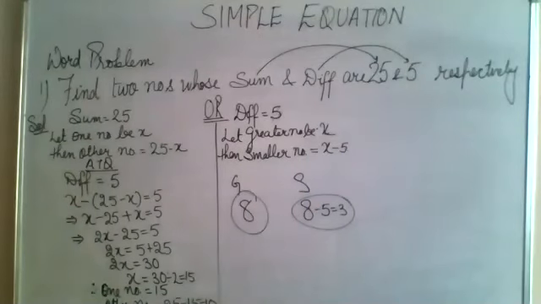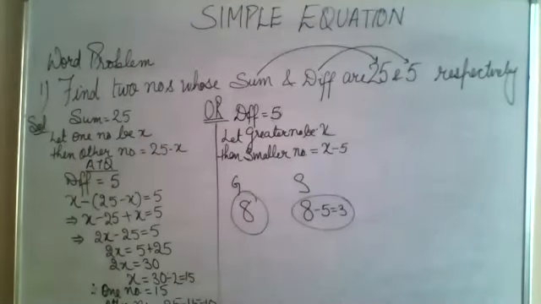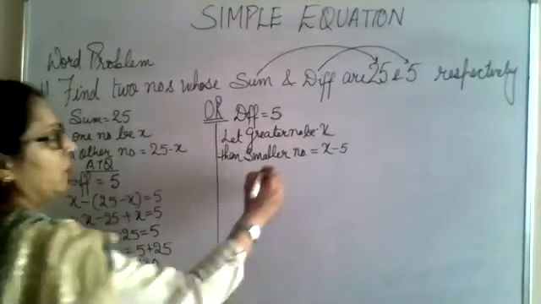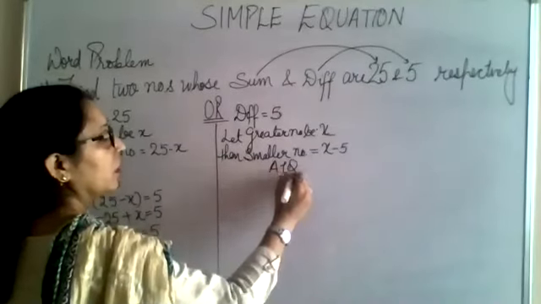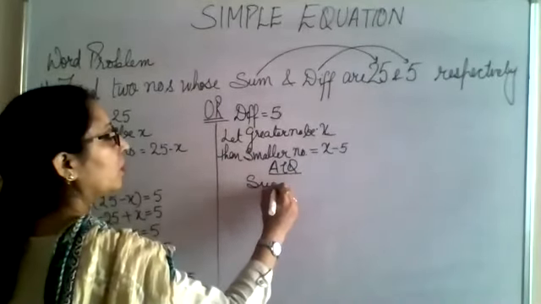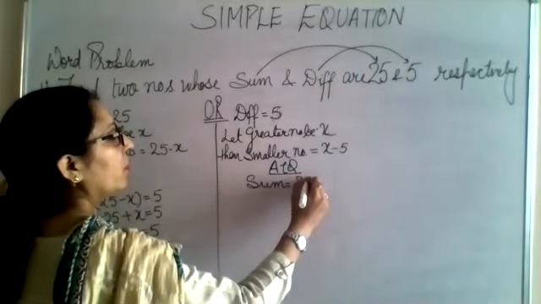Now, according to the question, as we have framed numbers based on difference, we will find relationship based on sum. So, according to question, sum is equal to 25.